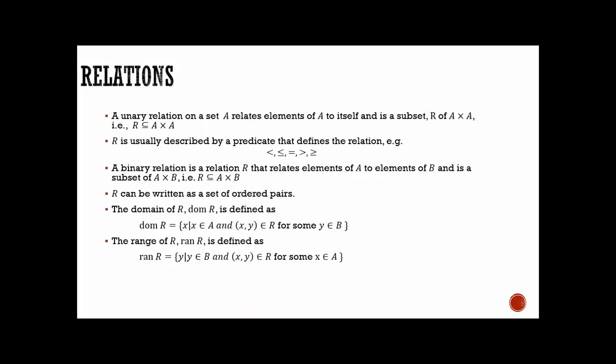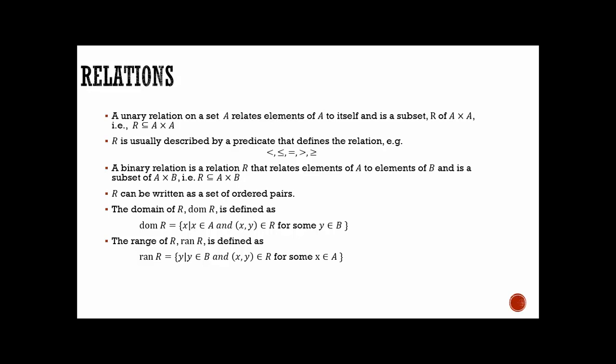Relations are very important. A unary relation on a set A relates elements of A to itself and is a subset R of the Cartesian product A cross A. Those relations are going to be a subset of that Cartesian product.